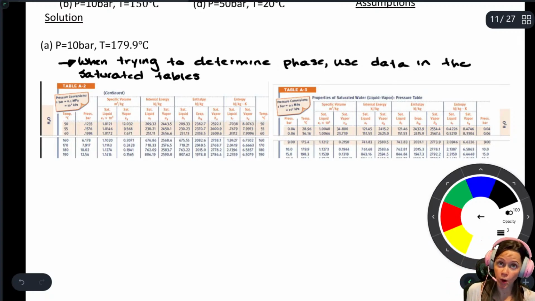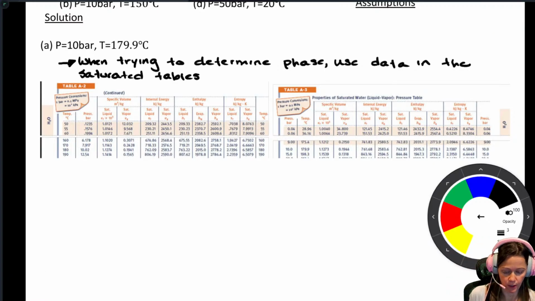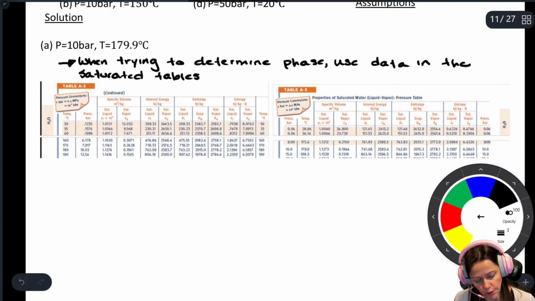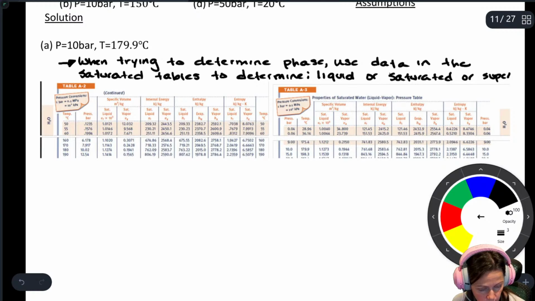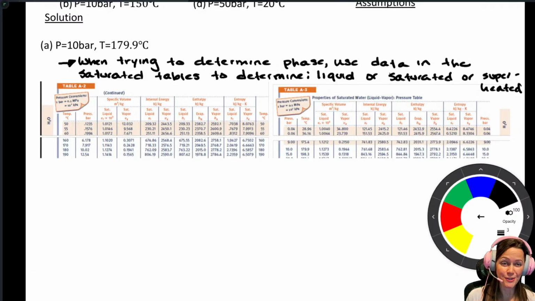For water, your saturation tables are A2 and A3. You're going to use the data in the saturation tables to determine: is it a compressed liquid, or is it saturated, or superheated? So the first place that you're going is the saturated tables, but you're not automatically assuming that it is saturated. We'll finish just this part, and then we'll finish for today.